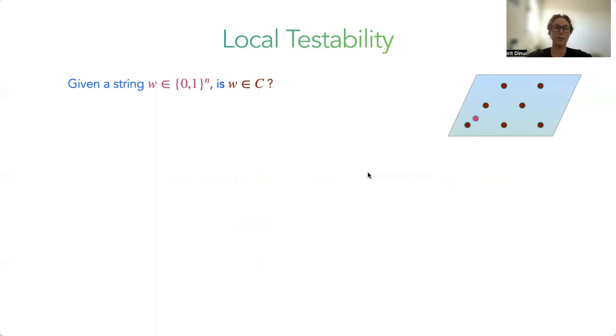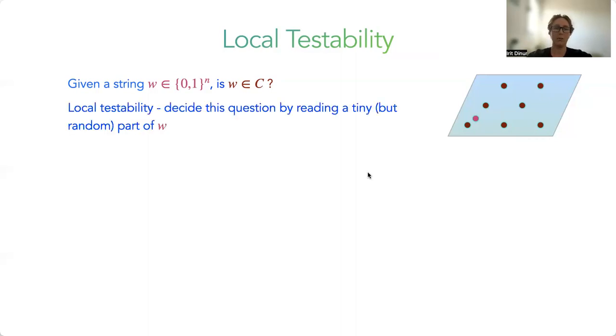And the main question here is, given an n-bit string, is it in a given specified subspace C, which in our case is this code? This is a property testing question, and the idea of local testability is that we want to be able to decide this question by reading only a small part of W and not having to read the entire thing.